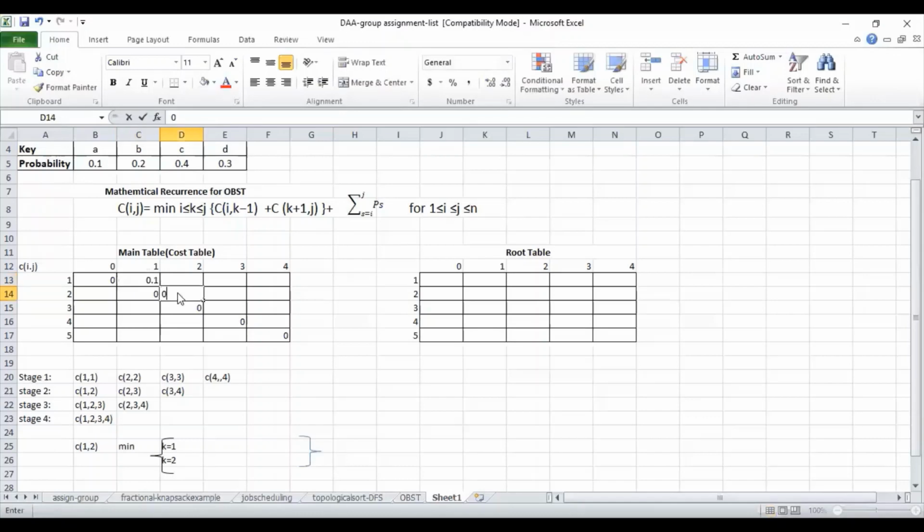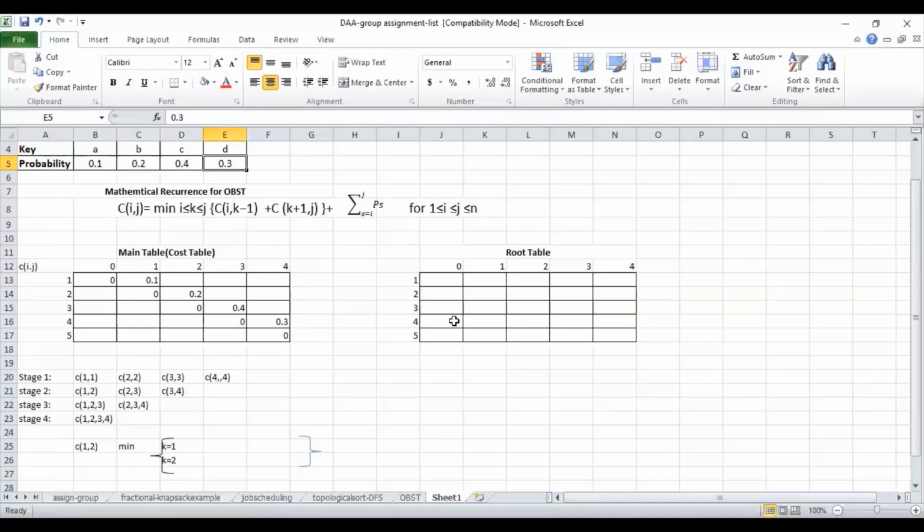Similarly, C22 would be 0.2, C33 would be 0.4, and C44 would be 0.3, as is given in the entries here: 0.1, 0.2, 0.4, and 0.3. So what does this 1 and 1 determine? 1 and 1 determines that there is only one node for consideration in this case, and that is 1. In this case, there is only one node for consideration, and that is 2. Here it is 3, and here it is 4.